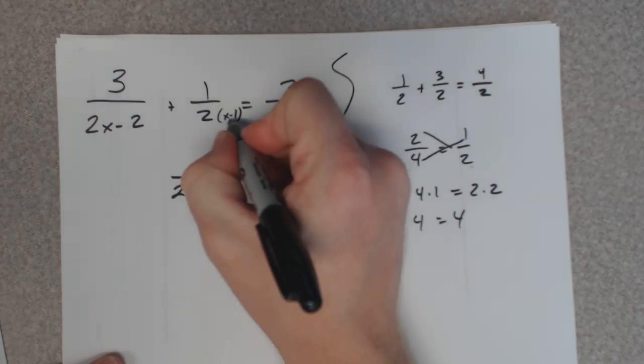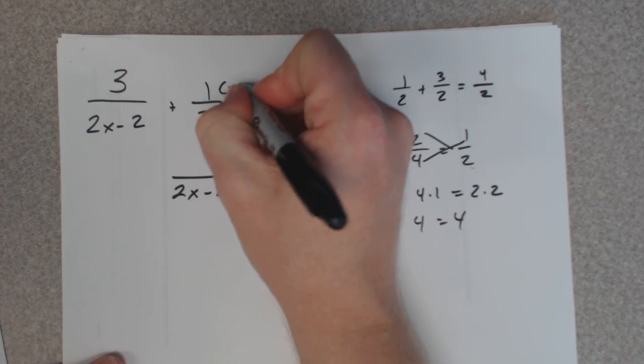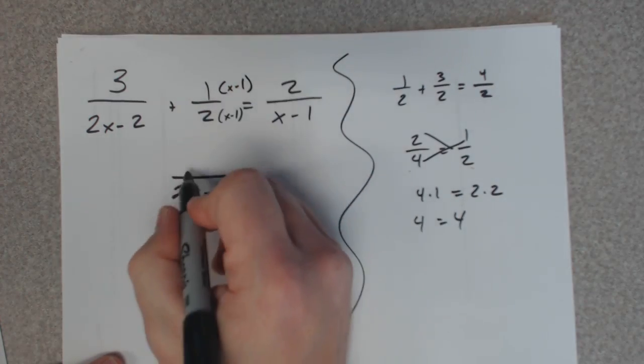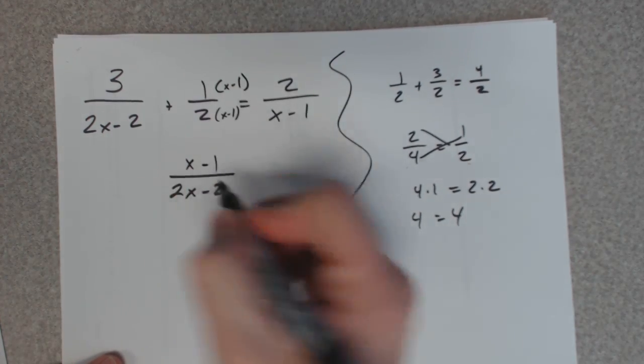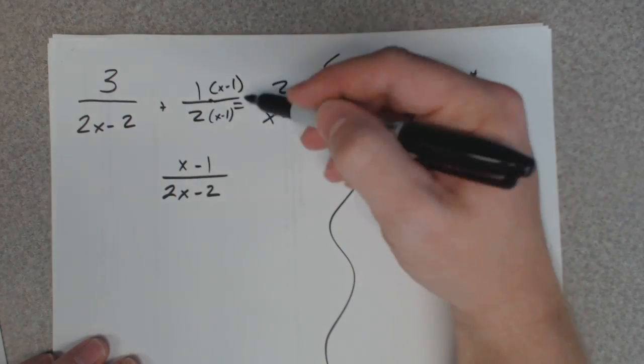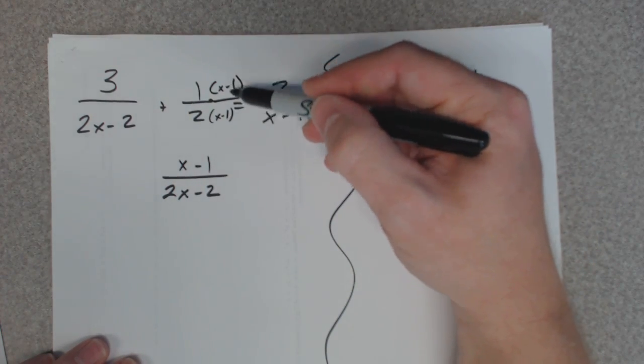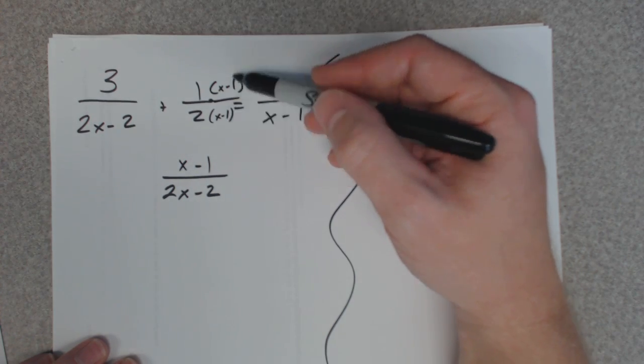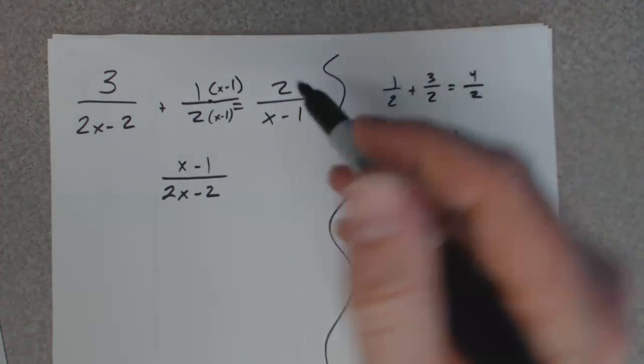But remember, if you do it to the bottom, you have to do it to the top. So 1 times x is x, and 1 times negative 1 is negative 1. The reason I can do this is because I'm multiplying by a fraction, and anything divided by itself is 1, and I can multiply anything by 1. So this is just a fancy looking 1.